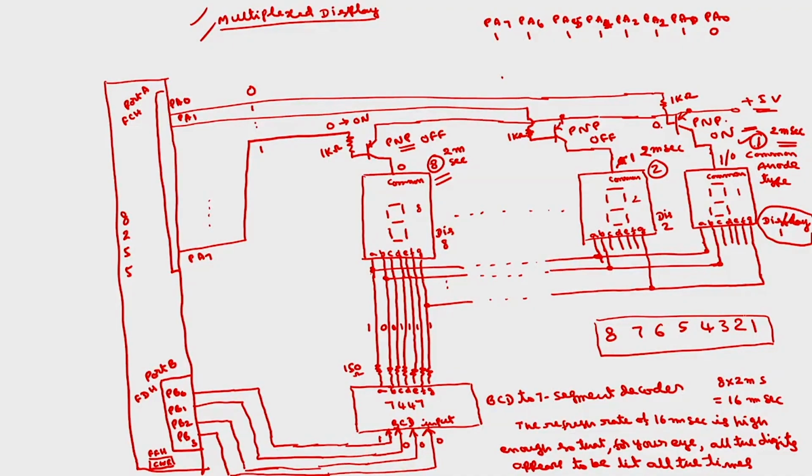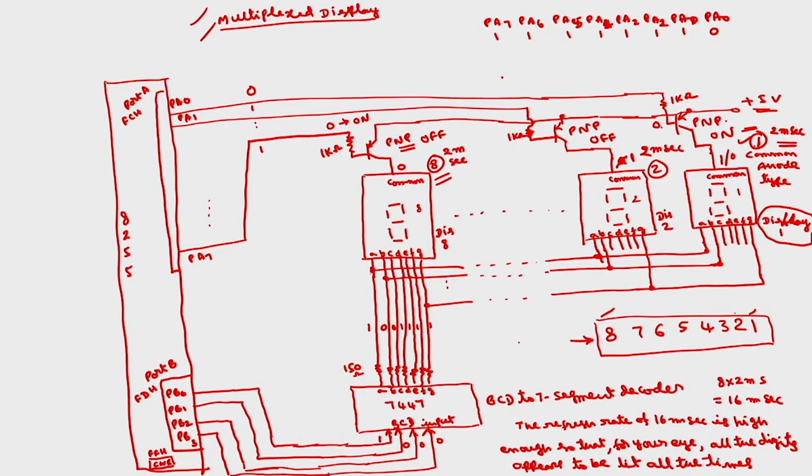Now, how to display 1 to 8, what is the program required to display 1 to 8 on the 8 seven-segment displays? I will discuss the program. If I want to display this one for some time and rotate it, 1 here, 2 here, we can extend this program to a rolling display.